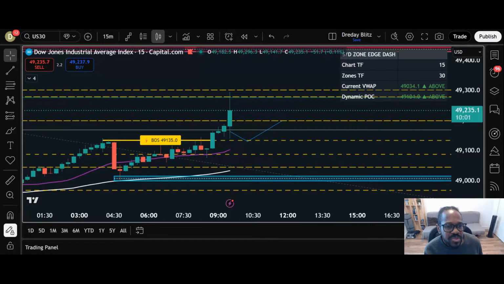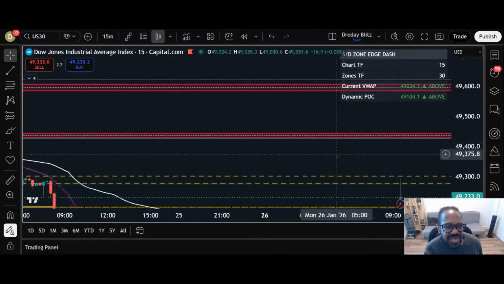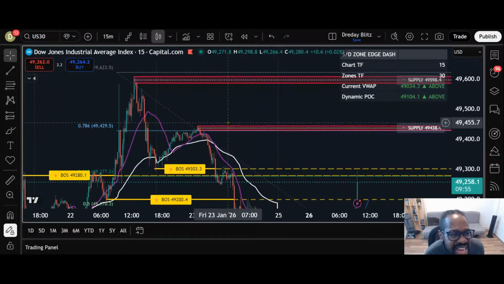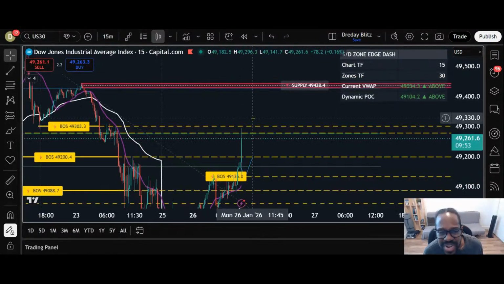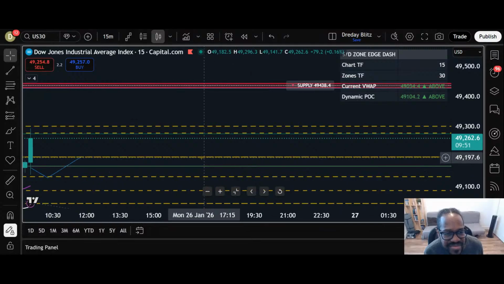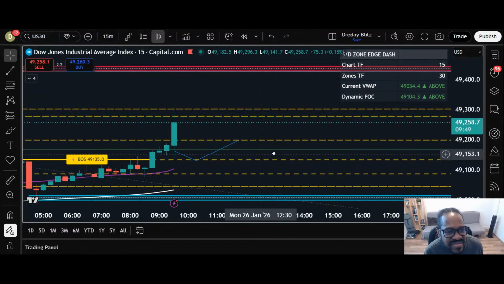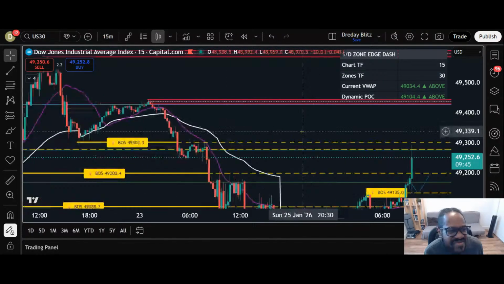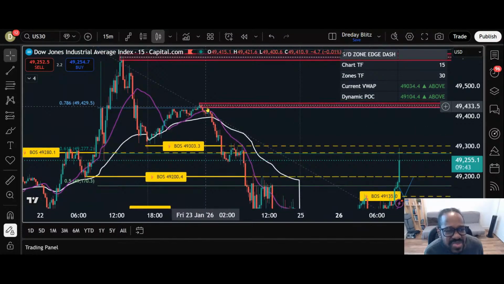But if we have 61.8, the next level here is the 78.6 that is pretty much at that supply zone right here. So that supply zone is pretty much at this point right here.